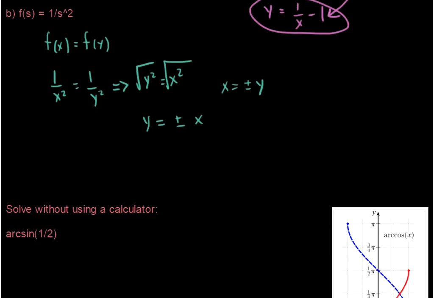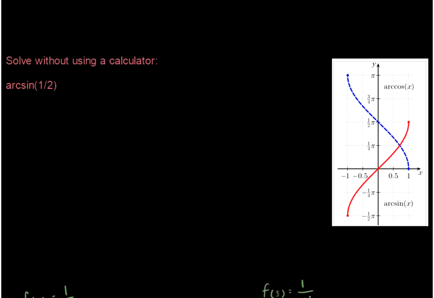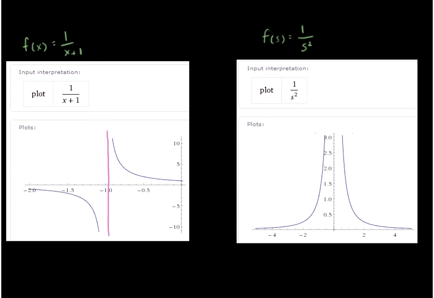Now, for the second one, I guess what you would have to do here is go look at a graph. So you either graph the function in your calculator or use Wolfram like I did. You can see the graph here. Fails the horizontal line test.